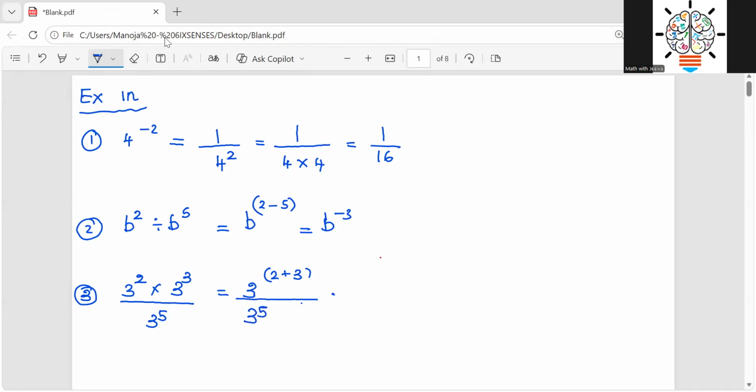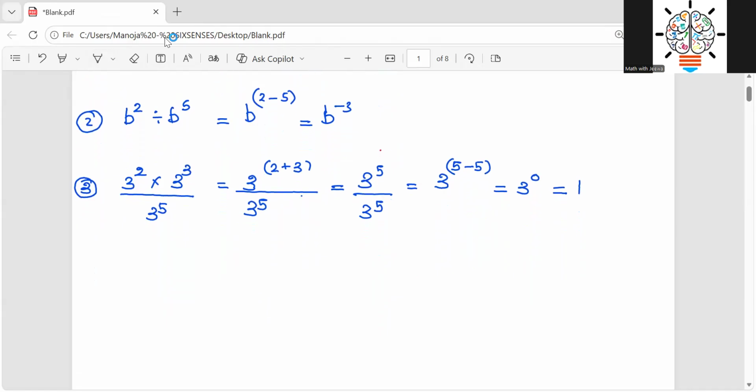And then you have 3 to the power of 5 divided by 3 to the power of 5. So when you have the same base value and the division, you want to subtract the indices. 5 minus 5, the answer is 3 to the power of 0. Anything to the power of 0, the answer is equal to 1. So you want to find the value, the answer is equal to 1. Right? So then we will move to the next question.